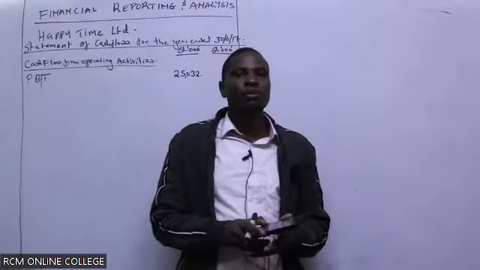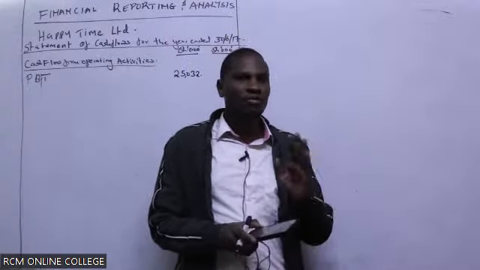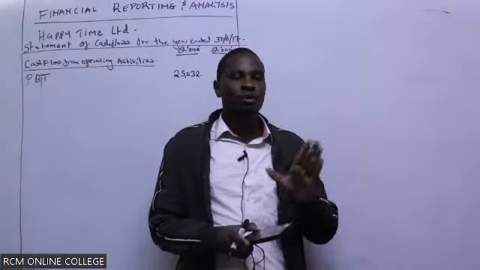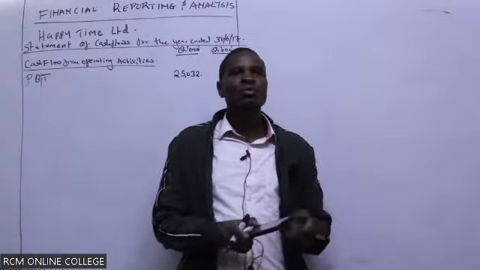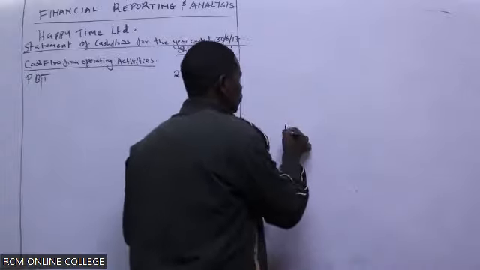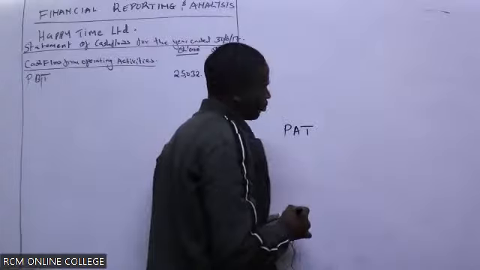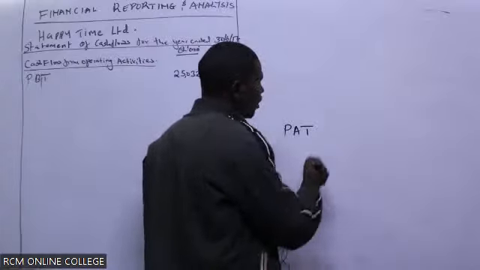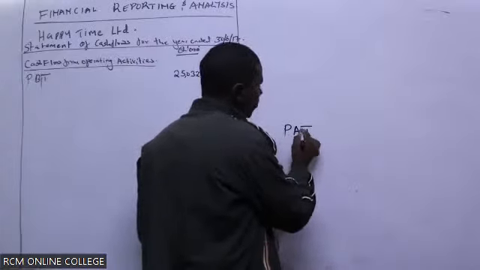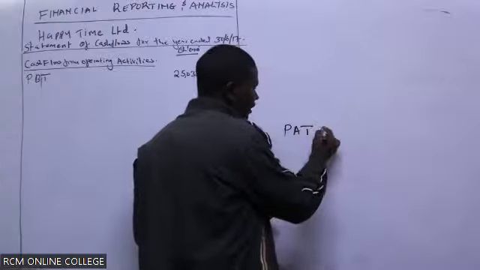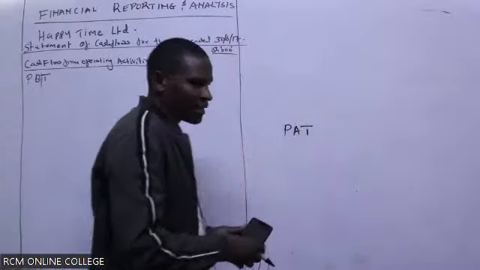Before we move to the next part, class, assume the examiner did not give you profit before tax. The examiner gives you profit after tax. What are you going to do? To cry during the exam? No, you cannot do that. Once the examiner gives you the profit after tax, what are you expected to do?